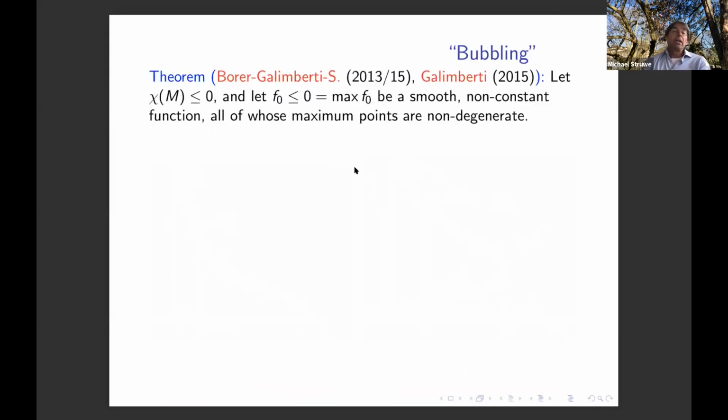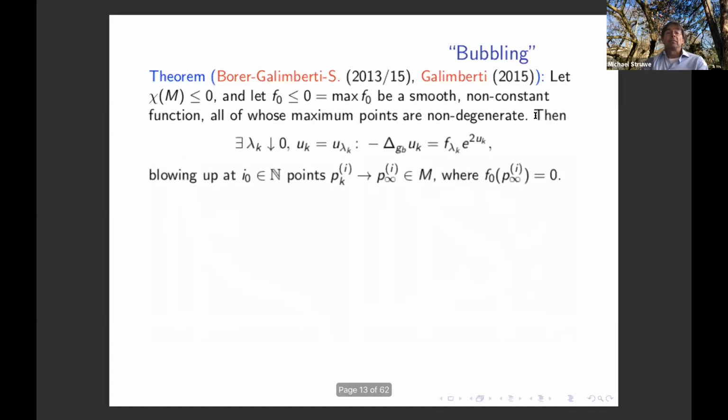First, jointly with Francisca Bora and Luca Galimberti in 2013, respectively 2015, we looked at the homogeneous case. And then Luca Galimberti in 2015 looked at the torus. And we again assume that f0 is a non-positive function with maximum value 0, and we suppose that all the maximum points are non-degenerate.